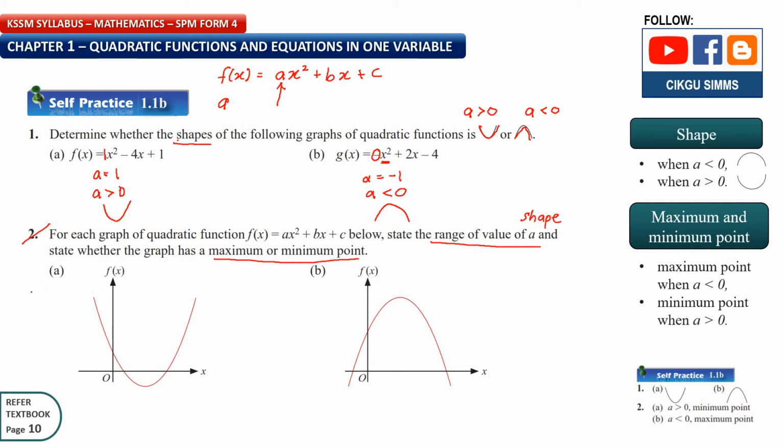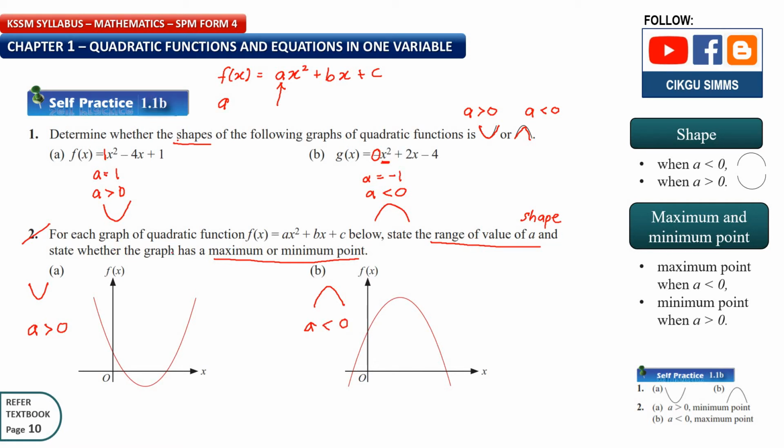For a, the shape is a smiley face, which means a is a positive number. So the range of a is: a must be greater than 0. For b, the shape is like this, so the range of a is less than 0, which is a negative number.